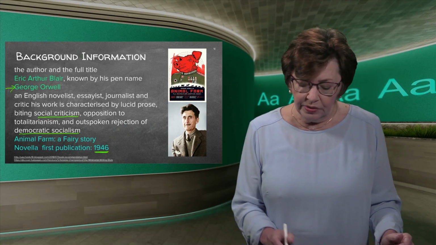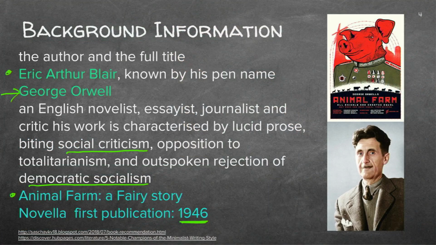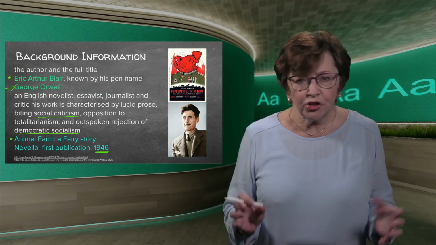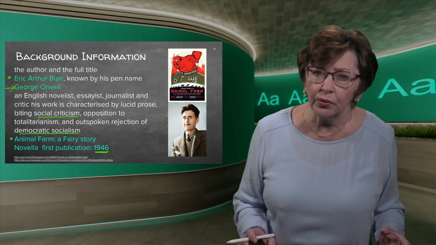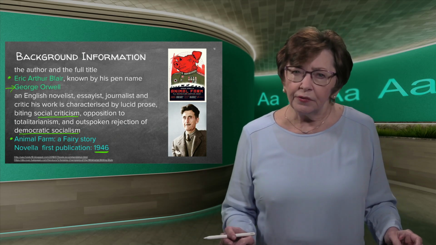And also, you need to know not only the full name of the author, but also the full name of the novel. It is not actually just Animal Farm, it is Animal Farm, and the author himself added to that that it's a fairy story. Now, that must certainly have something to do with the book, and we're going to try and figure out what and why he called it a fairy story.